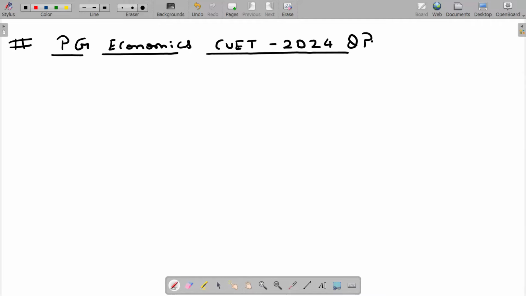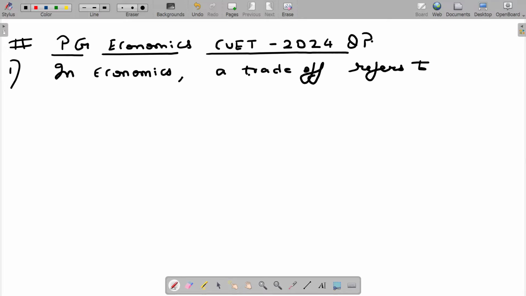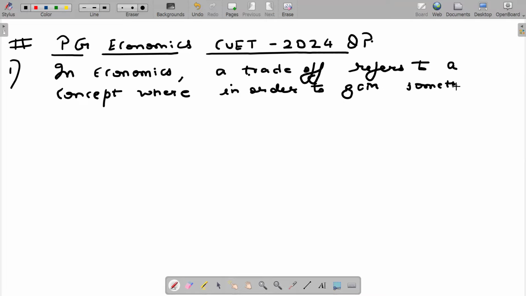We are looking at question number 1, and I'm just making all students write that in economics, a trade-off refers to a concept where in order to gain something, one must give up something.